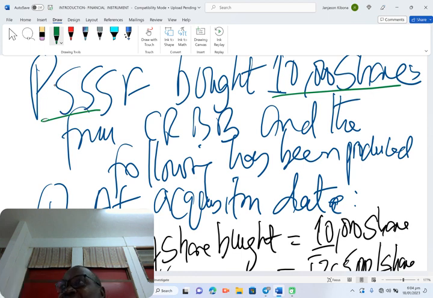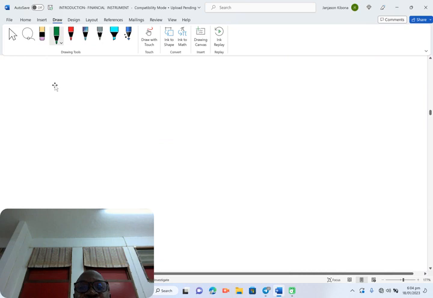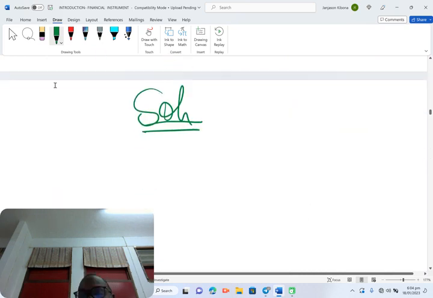Although IPSAS 29 has no option if shares are not bought for trading, because it was rule-based. So from now in IPSAS 41, the examiner must explain what was the purpose of buying those shares. So, presumption will assume that we bought these shares for trading.